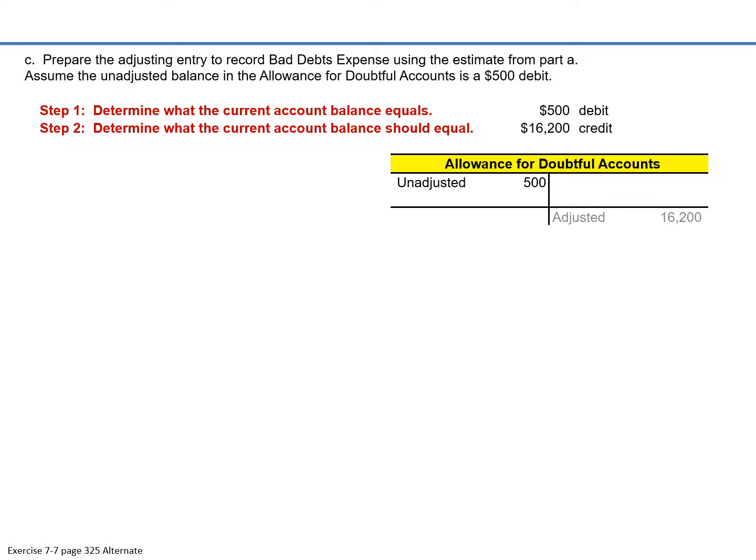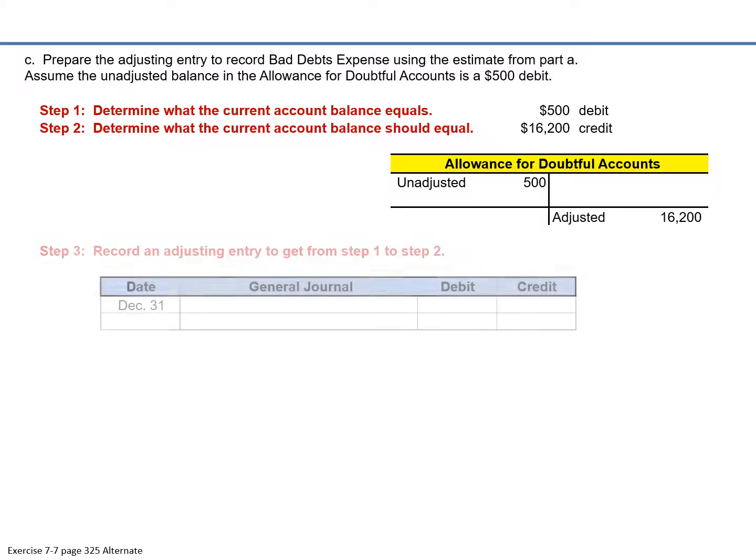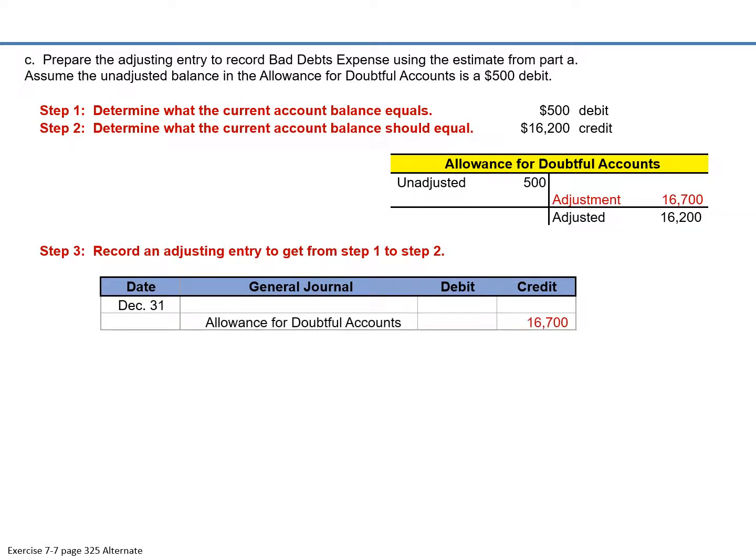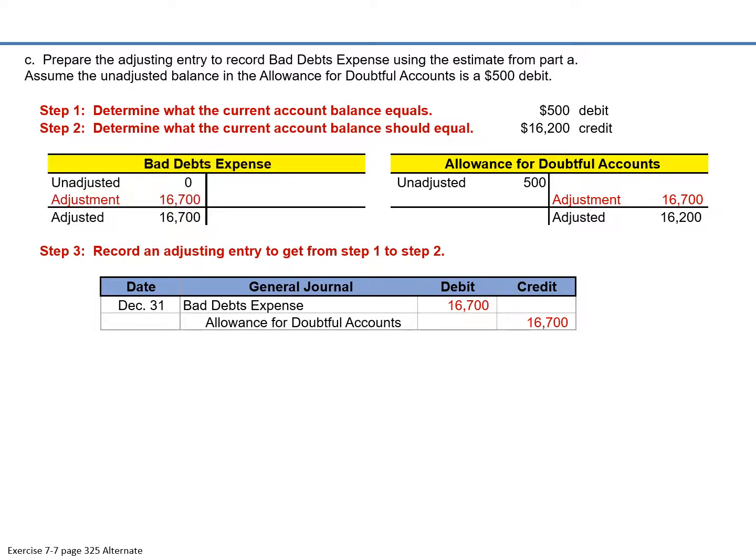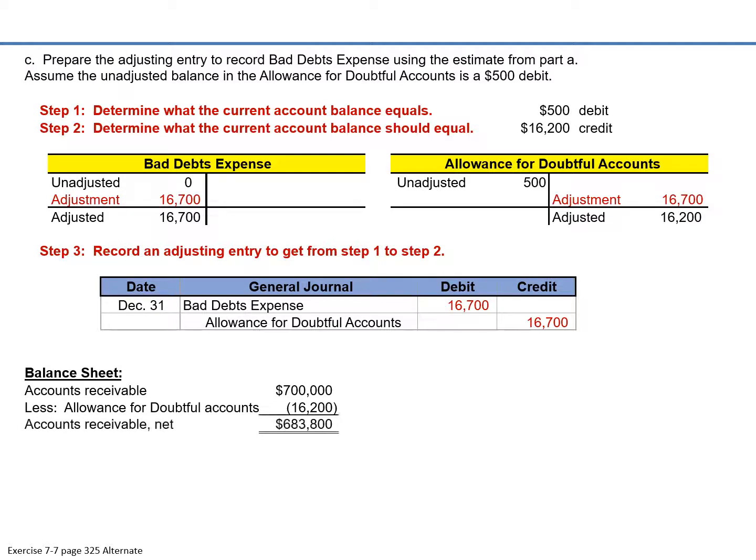What's our adjustment? $16,700, right? You have a $16,700 credit less a $500 debit for a net balance of $16,200. And then there's our balance sheet presentation.